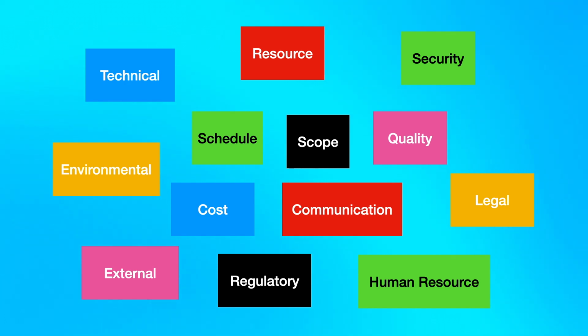Risks related to the project team members, including turnover, lack of key skills, or team conflicts. Environmental risks. Risks arising from environmental factors, such as weather conditions, natural disasters, or ecological considerations. Security risks. Risks related to the security of project information, data, and assets.